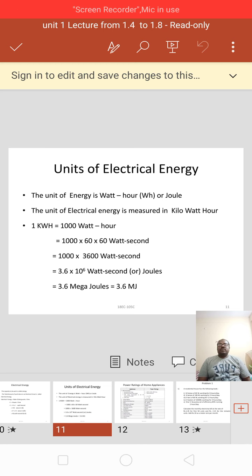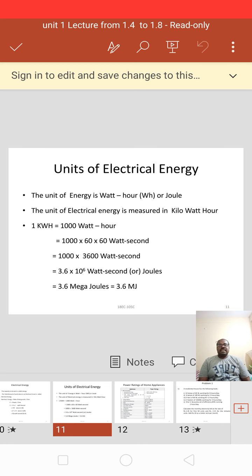Kilo equals 10 power 3, which we already know is nothing but 1000. We are converting that 1000 watt hour into watt seconds also: 1000 into 60 into 60. In watt minutes also we can express the 1 kilowatt hour, that is 1000 into 60 watt minutes.